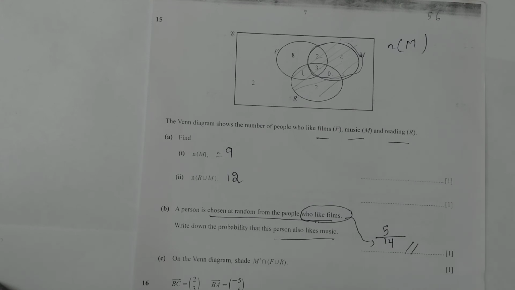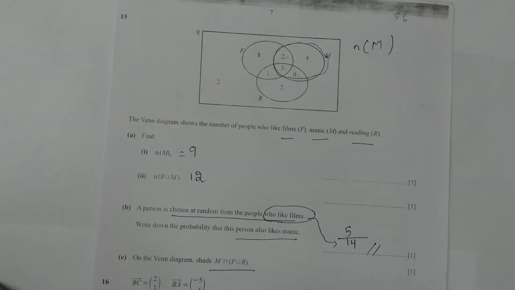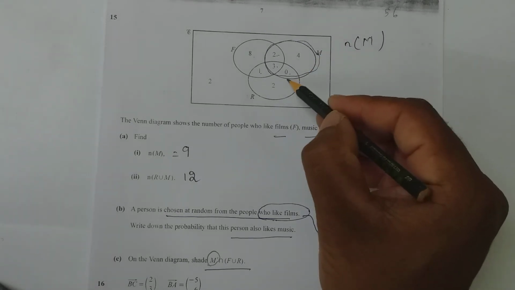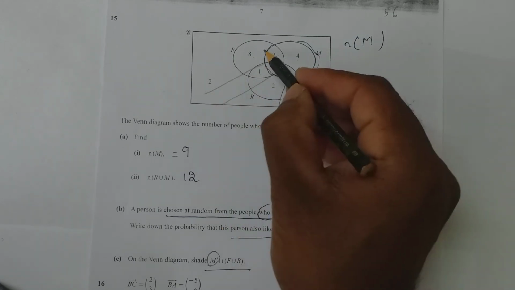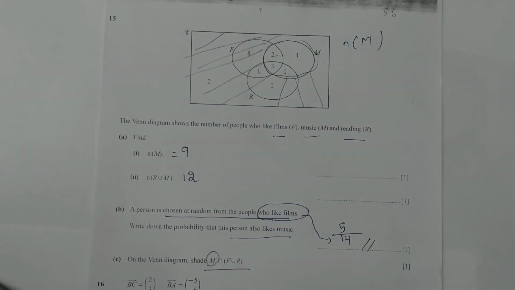Okay. Now next one. On the Venn diagram, shade M complement intersection F union R. First is M complement. M complement means leaving M. So leaving M, I shaded this with stroked lines. Clear so far?